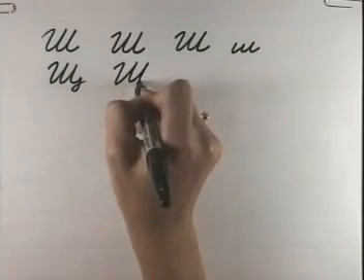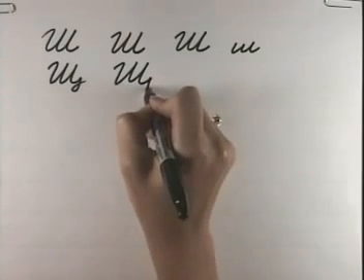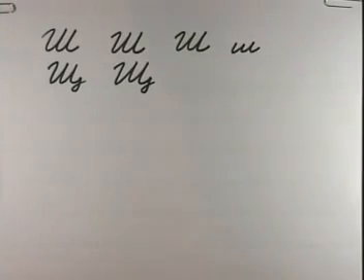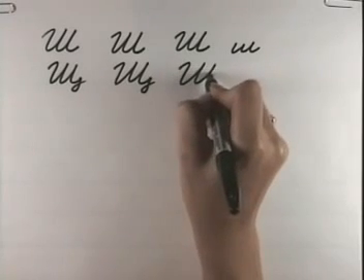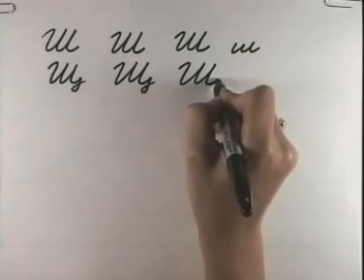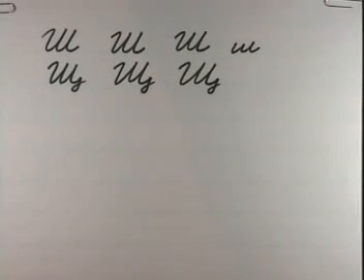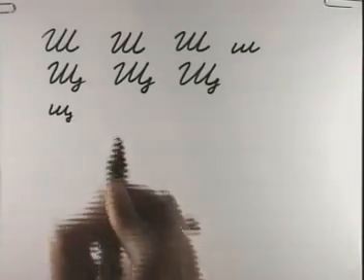Now we are coming all the way down to the line, and we have to go below the line and do this nice little hook, this nice little tail. Let's try this one more time. Okay, down to the line, curve on the line, go up a little bit, and add the nice little tail on it. And let me show you the lowercase letter shcha.